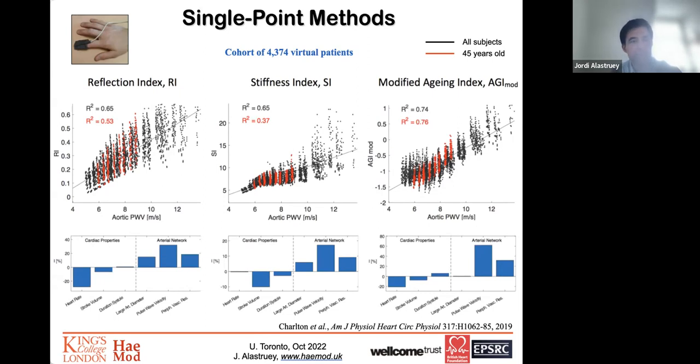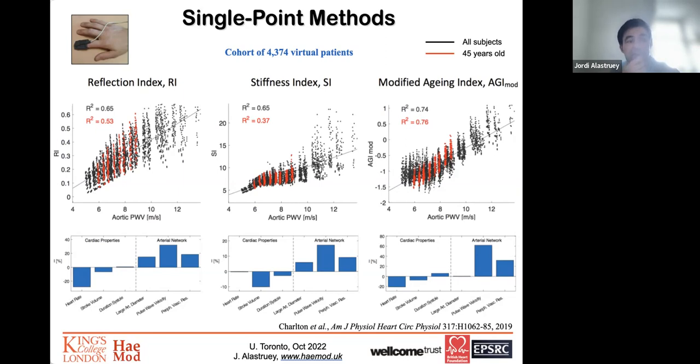The third index was not strongly influenced by large artery diameter, and as a result performed better both across the age range and when considering only the middle-aged subjects. So it may be used for stratification of middle-aged subjects or patients.